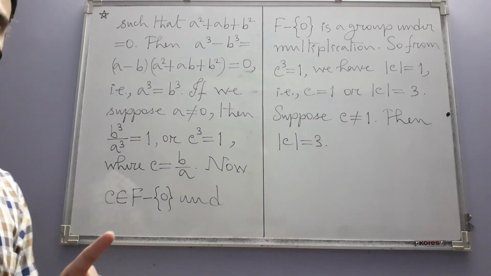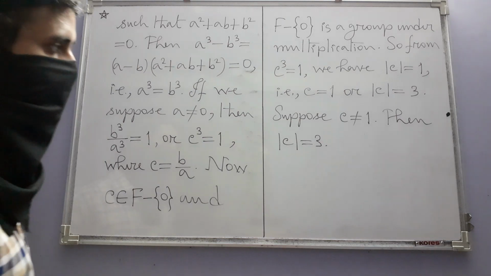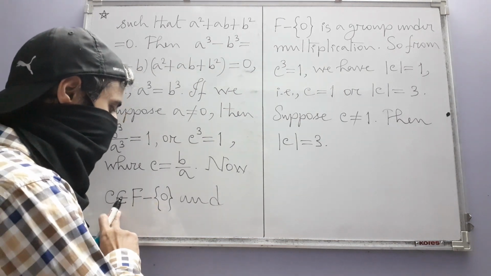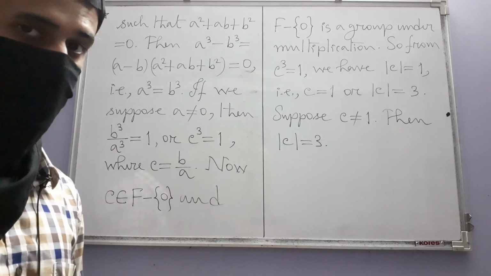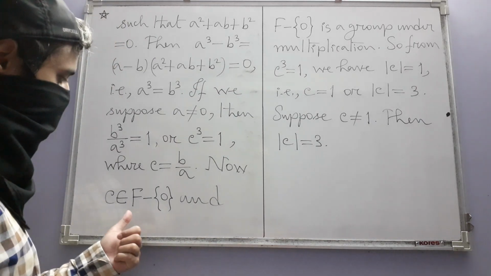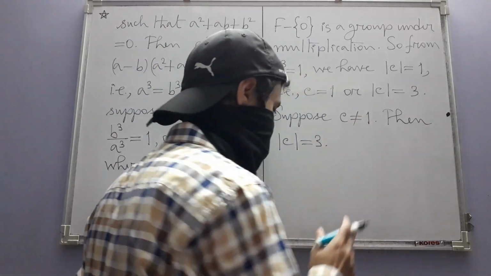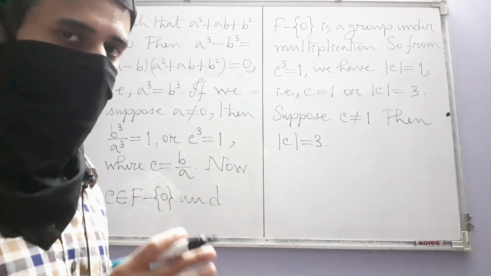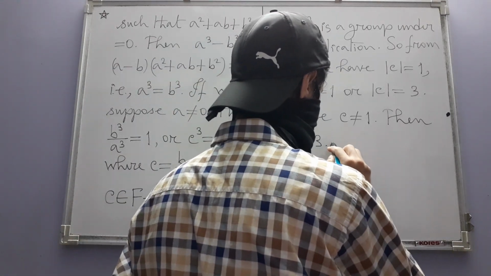But now we use one of the corollaries to Lagrange's theorem, which says that the order of any group element in a finite group has to divide the order of the group. Now, what is the order of this group? I do not remember which corollary this is of Lagrange's theorem, so I just simply write the result.